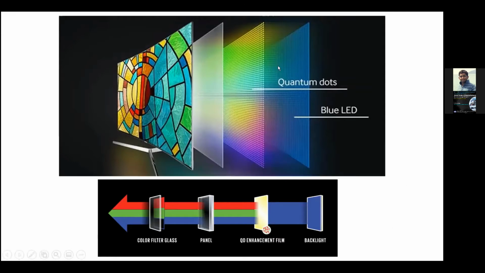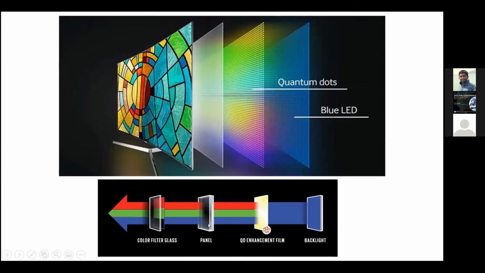So generally it's a backlight, and the backlight has a blue LED, and then you have a quantum dot layer, and it's a kind of monolayer. And then when the blue LED is shining the light, it emits, and it reflects on the screen, so you can see a highly bright and highly color purified image.